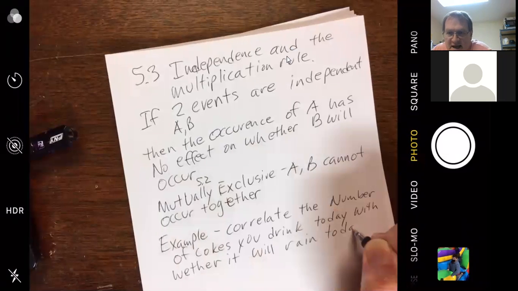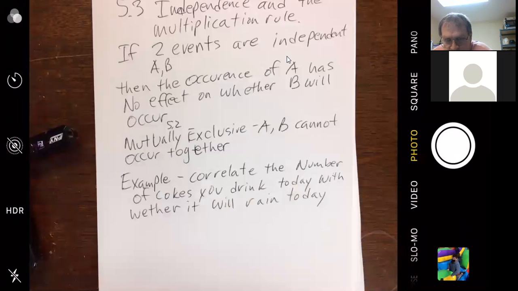Do you see any connection between the number of Cokes you drink and whether it will rain today? No. You think the more Cokes you drink, the more likely it'll rain? Most people don't see any connection between these two events.